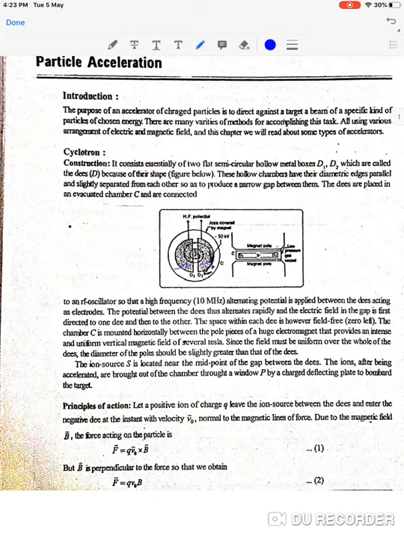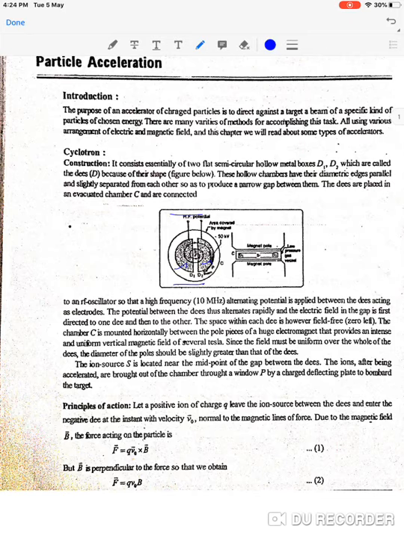You apply a magnetic field perpendicular to the Ds, in such an arrangement that the north pole and south pole create a magnetic field in these hollow disks. Then you also apply a high frequency alternating potential on these Ds, and alternating potential means the electric field is continuously varying.